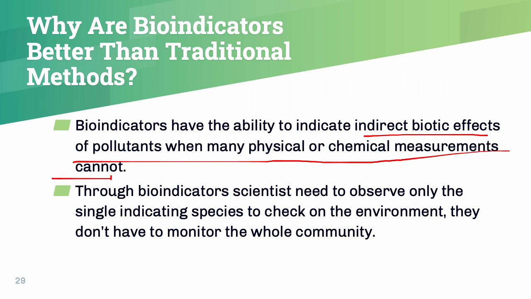By simply observing our environment with all the bioindicators discussed, you can easily identify whether your environment is polluted or not. Through bioindicators, scientists need to observe only the single indicating species to check the environment, so they don't have to monitor the whole community. Okay? That is the significance and relevance of bioindicators in our community. So that's the end.